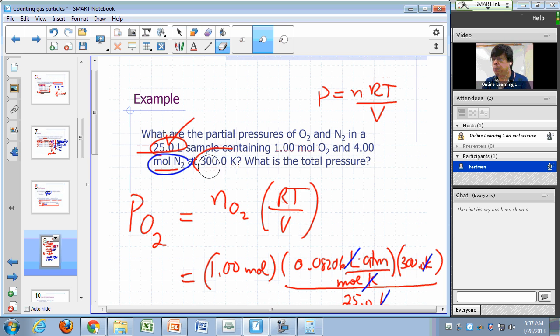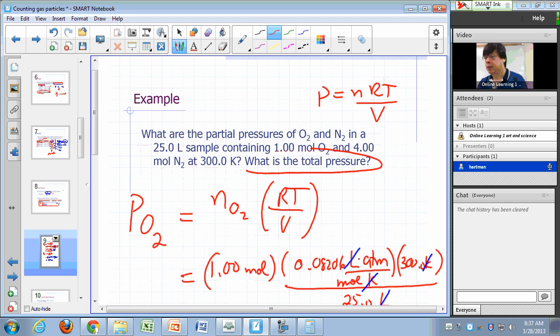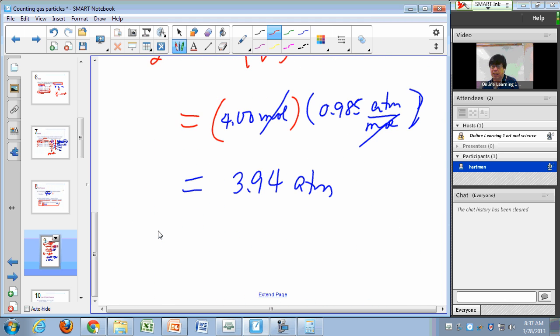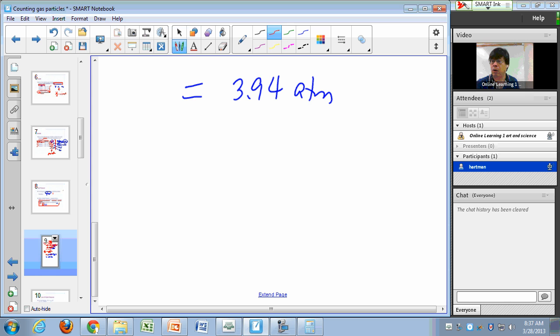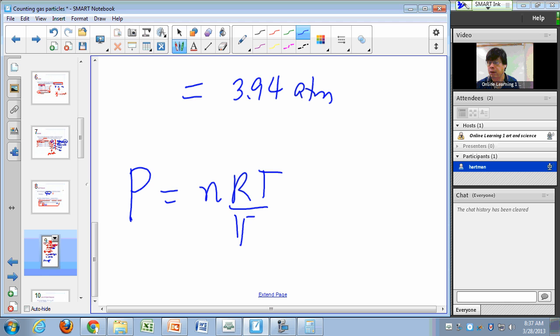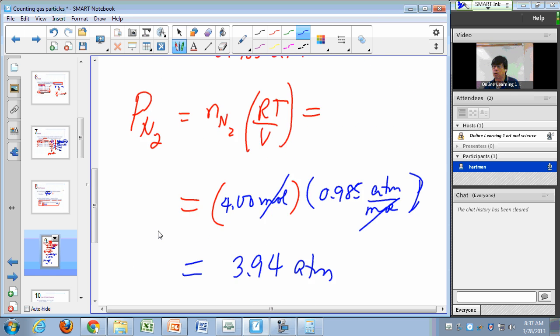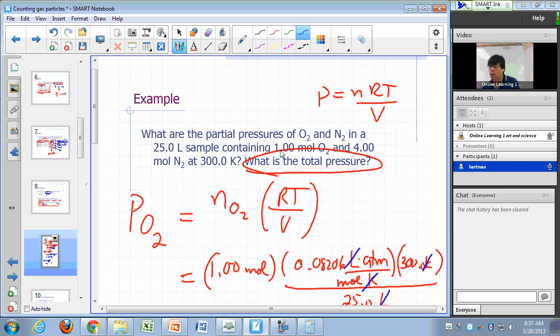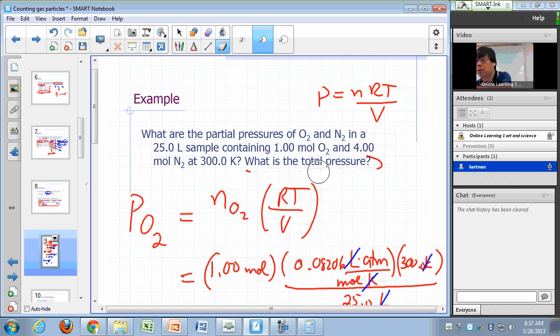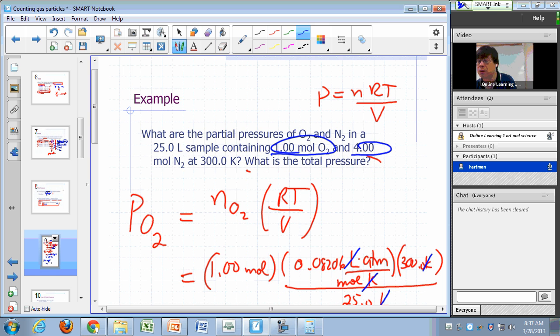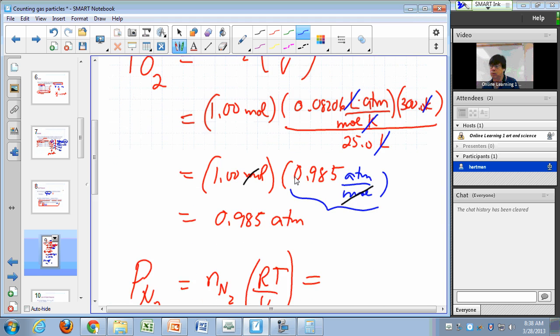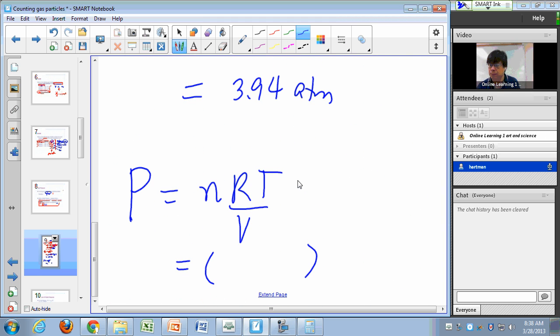Now, what would be the total pressure? Can we just add up the two? Let's see. We can actually calculate the total pressure. The total pressure is total moles times RT over V. What's the total moles? Total moles is a mole of O2 and 4 moles of N2, so I can just add those two numbers to get a total of 5 moles.